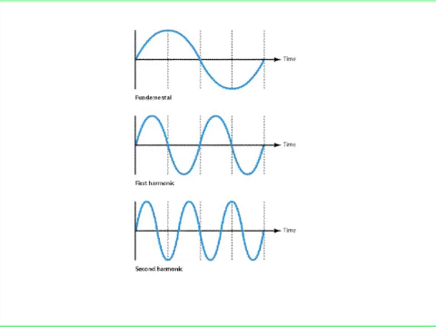So think about that bow crossing the string of a violin, creating a note, and the note is comprised of these three waves or more happening simultaneously.